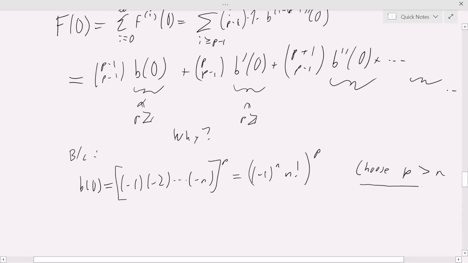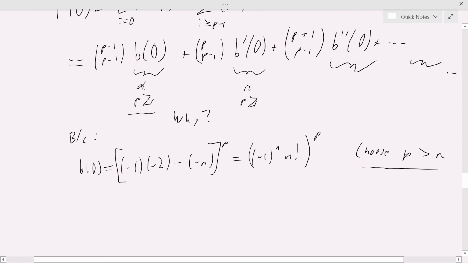So as long as you make this choice, this is guaranteed to be true then, that b of 0 is not a multiple of p. So there's a lot of constraints on p right now. We have to make sure that it's bigger than c0, have to make sure that it's bigger than n, and so forth. But as long as we're just making sure that p is sufficiently large, then it'll satisfy all of those things.